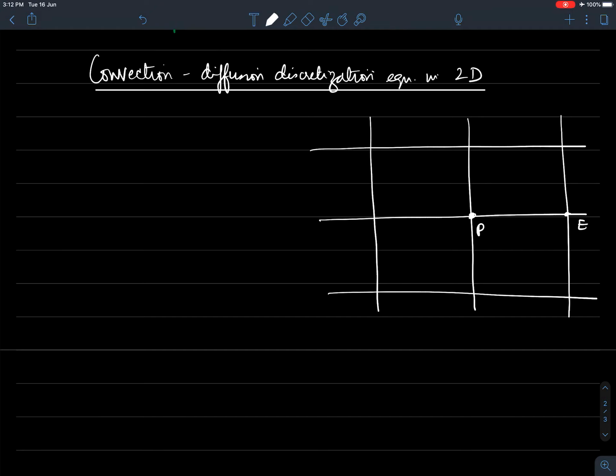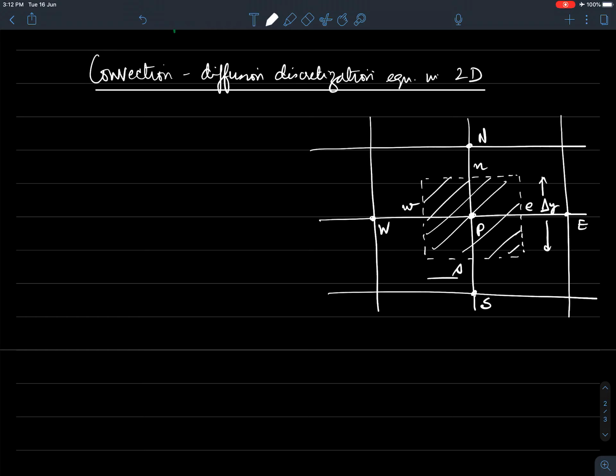We have now E, W, N, S, and let's say we have the control volume which faces E, N, W, S, with sizes. So let me hatch this. The control volume size is delta Y and delta X.